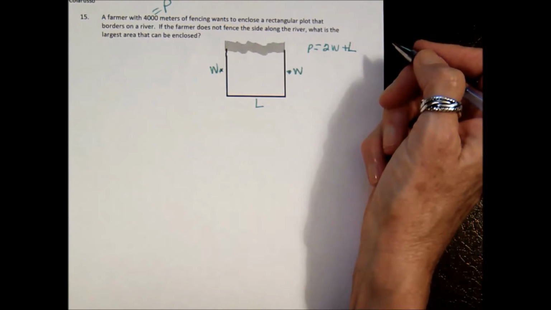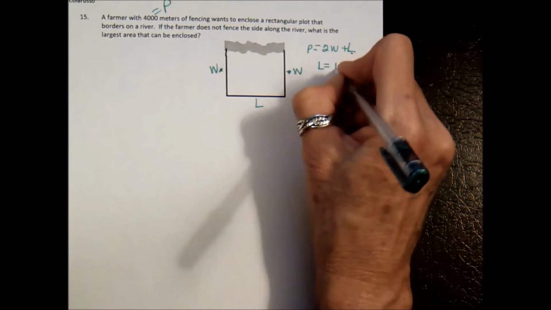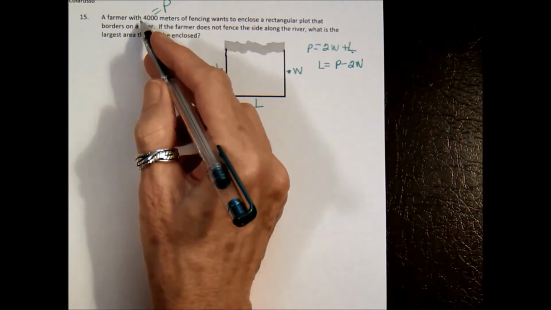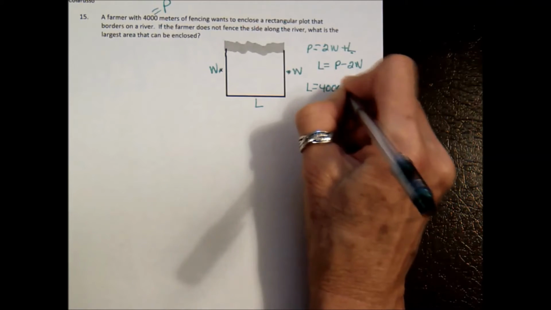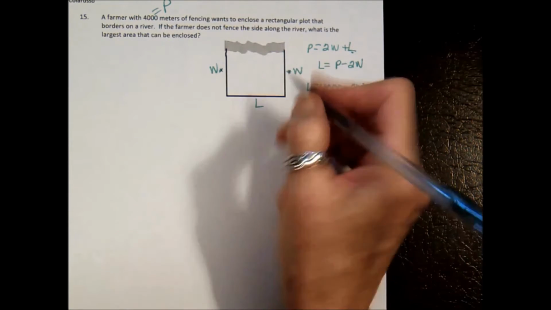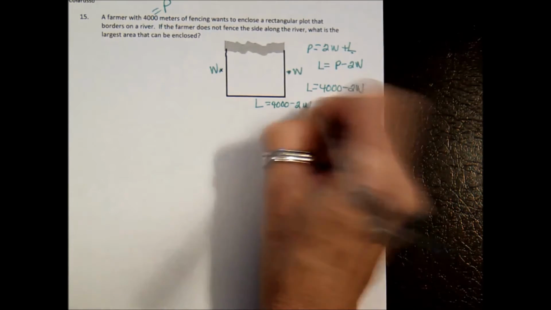So if I want to solve that for the length, it's going to be equal to P minus 2W. But I know what P is, it's 4,000. So the length is equal to 4,000 minus 2 widths, because we're not using two lengths.